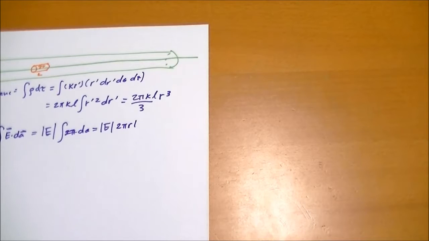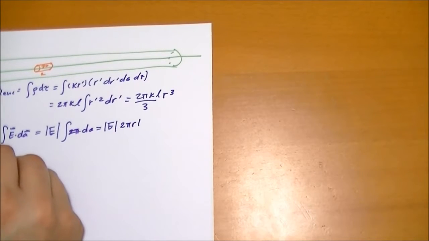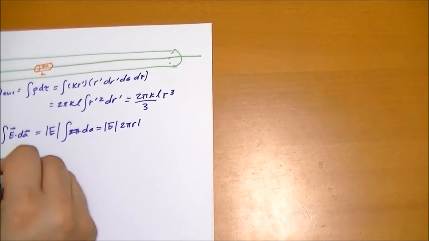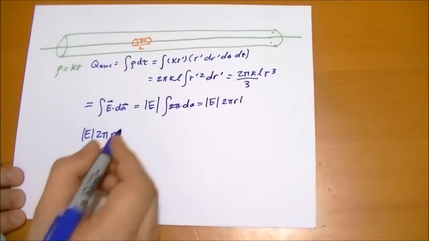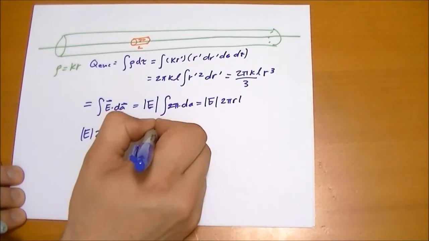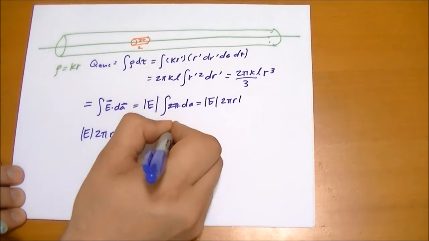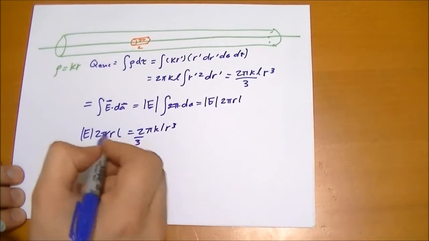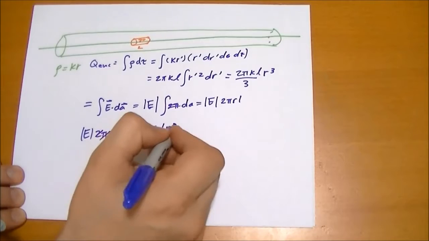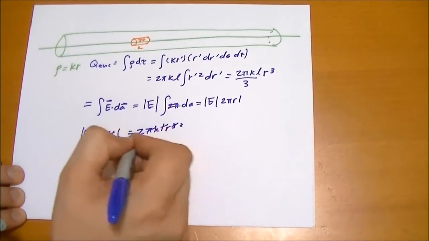So now we have this equal to that, and so we have E times 2 pi rL equals 2 pi k L r cubed over 3. Well, this cancels, that cancels, that cancels. One of these cancels, this cancels, that cancels.